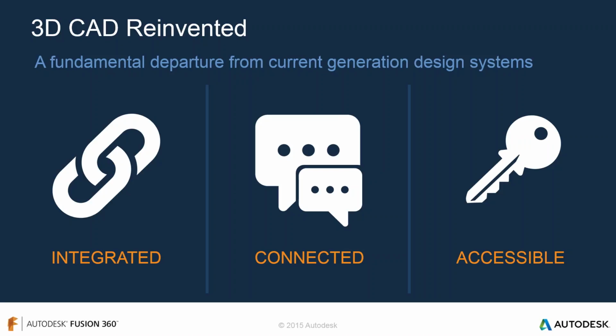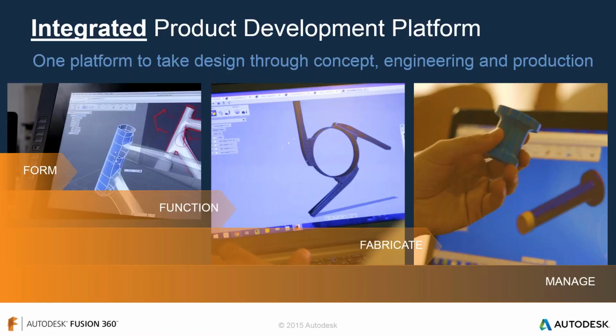So I'm going to go into each of these very quickly. One, it's an integrated product development platform. It's one platform to take the entire design process through ideation to concept, engineering, and production. So we have form, design modeling tools, sculpting, finishing, rapid iteration, and rendering. When you talk about function and engineering, FEA analysis, motion, fit, function, animation.